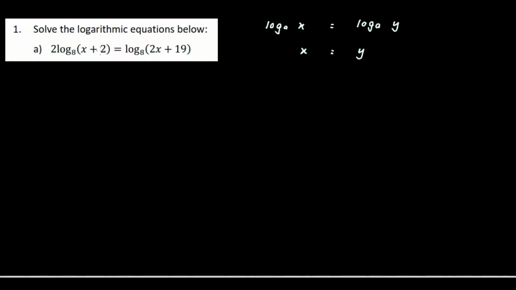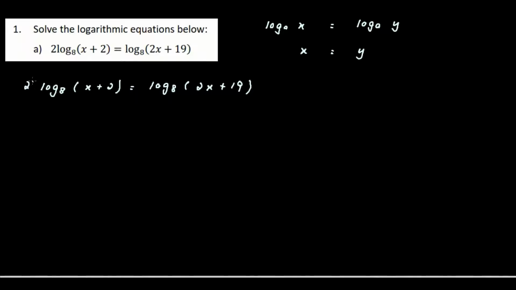Now when we look at this question, we can definitely see that they are both in the same base, which is log 8 already. So the thing that we need to simplify is the 2 in front here. How can we put the 2 at another place so that we can have log a x equals log a y? By looking at this, we can use the power law that we have learned previously.